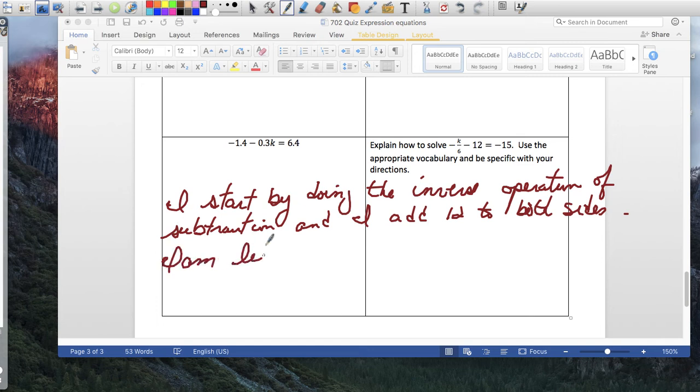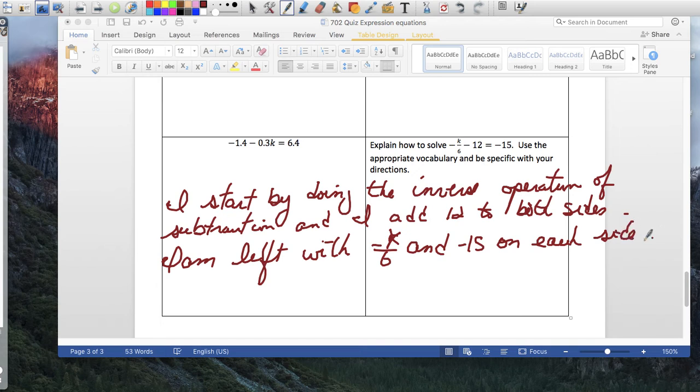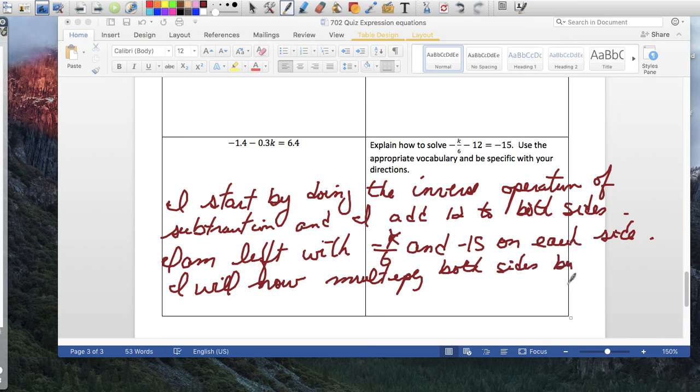I am left with negative k over 6 and negative 15 on each side. I will now multiply both sides by negative 6.